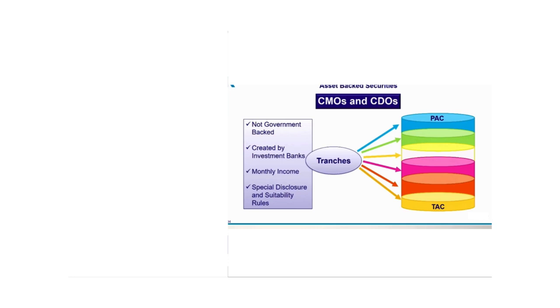Thirdly, CMOs make monthly interest payments to investors, but repayment of principal varies based on which tranche an investor bought into. The fourth thing I want you to remember here is that there are special disclosure and suitability rules because of the unique risks associated with CMOs.